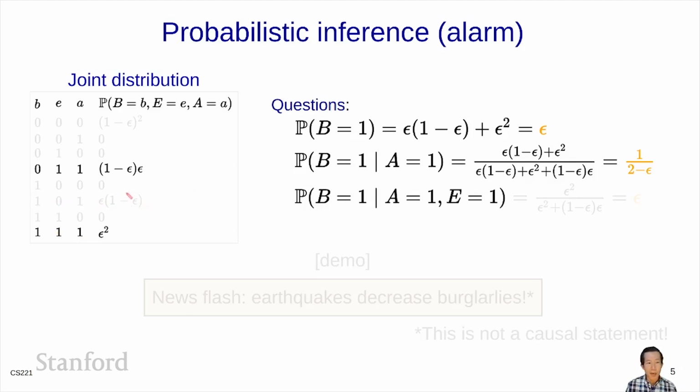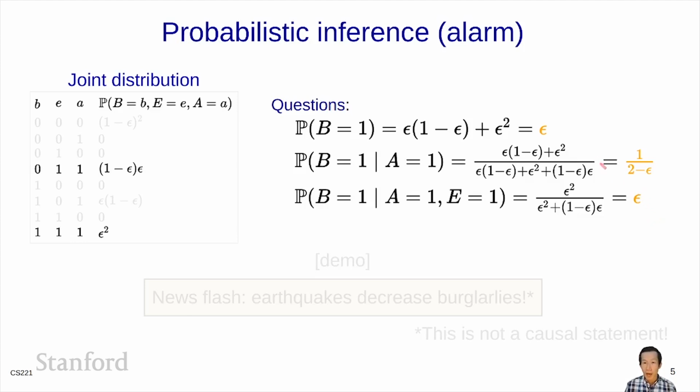And now I am left with, what's the probability of B equals 1? That is epsilon squared divided by the sum over these two probabilities, which is epsilon squared plus 1 minus epsilon times epsilon. And if you do the math, it gives me epsilon. Okay, so this answers our question.